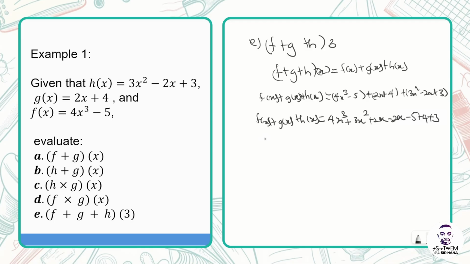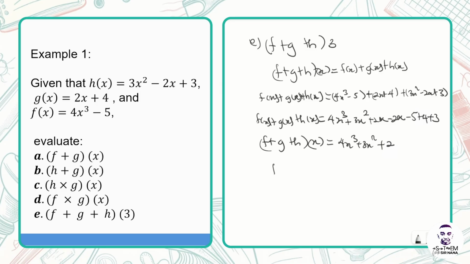So it means that our f plus g plus h of x, which is the same as f of x plus g of x plus h of x, will be equal to 4x cubed. Then we'll have plus 3x squared, and then 2x minus 2x will go away. So we have minus 5 plus 4, which is negative 1, plus 3, which is plus 2, right?